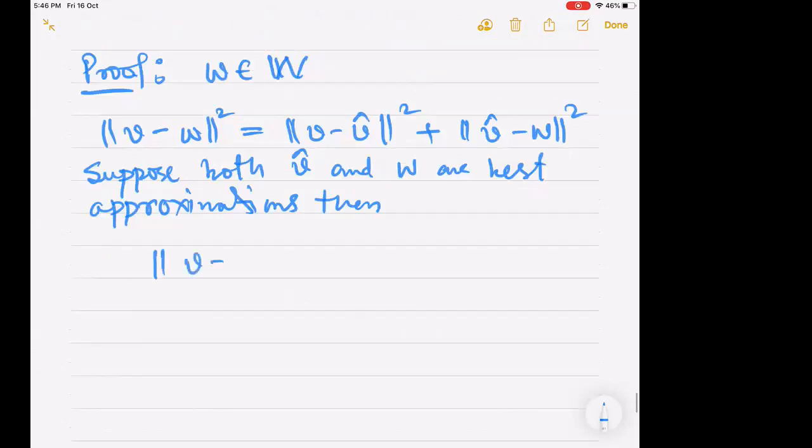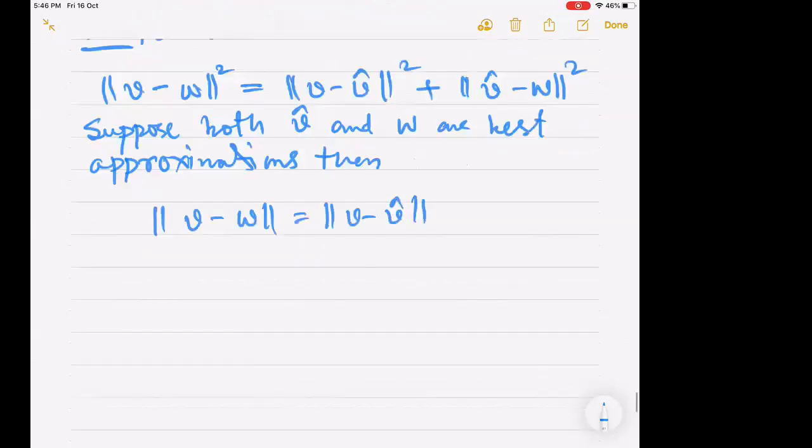Then they have to satisfy that this is equal to the norm of v minus v hat. Whenever it's not equal, the one that is smaller will be the best approximation, not the other one. If both of them have to be best approximations, then the errors must be equal.